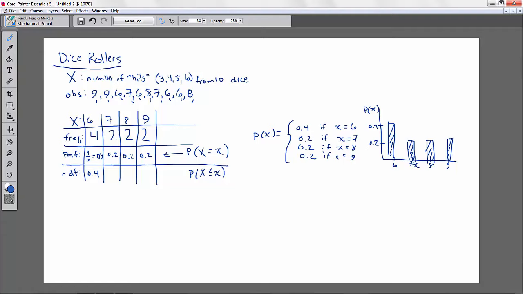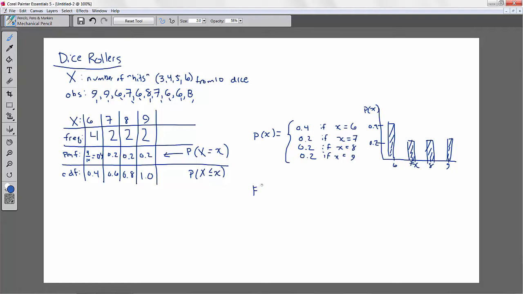The probability it takes on a value less than or equal to 7, which is either 6 or 7, is 0.4 plus 0.2, or 0.6. The probability it takes on a value less than or equal to 8 is 0.4 plus 0.2 plus 0.2, or 0.8. The probability it takes on a value less than or equal to 9 is 1. So all of our observations fell at 9 or below.